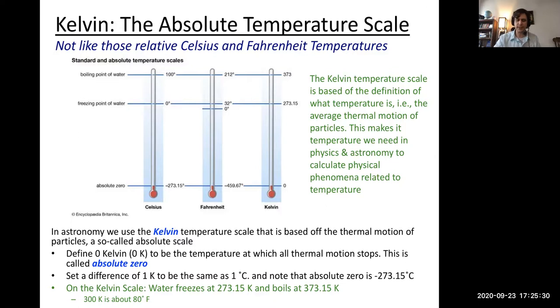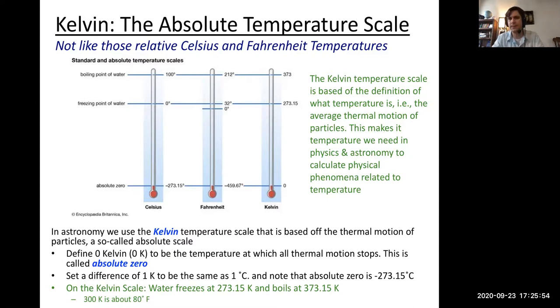Our understanding of quantum mechanics says that there will always be some motion. So it's impossible to reach 0 Kelvin, but we've come really, really close to absolute zero in a lab, and really strange things start happening. I encourage you to look that up. But 0 Kelvin is defined as when all the microscopic motion would stop.